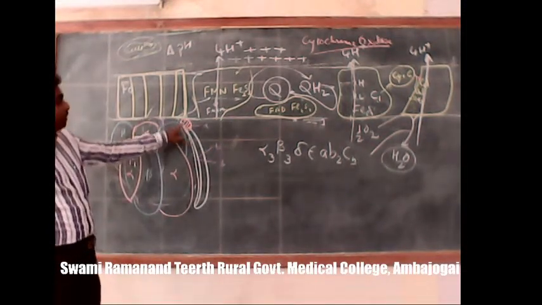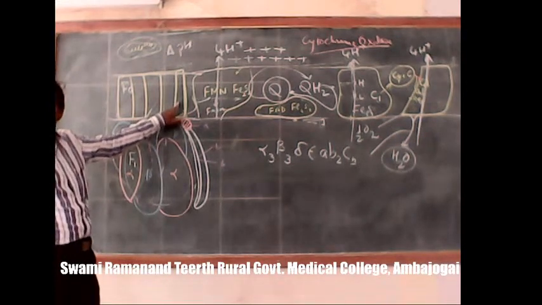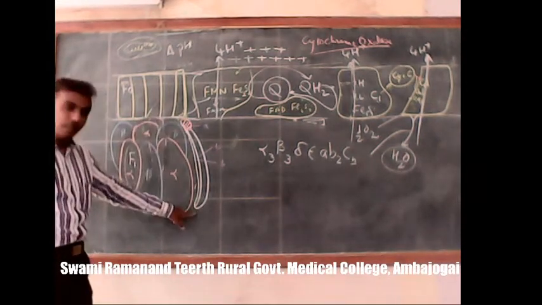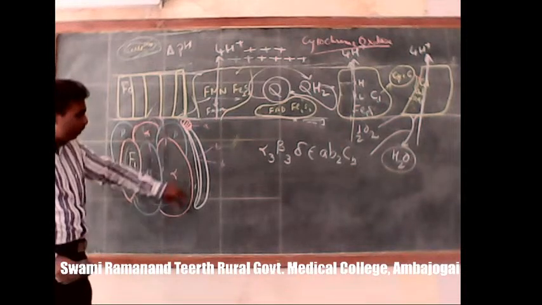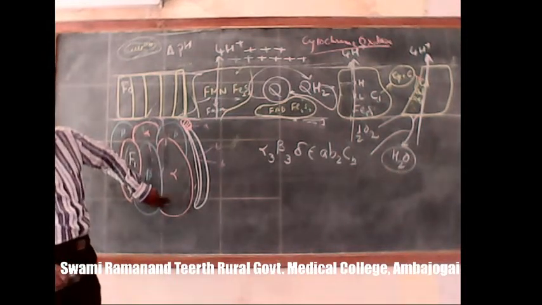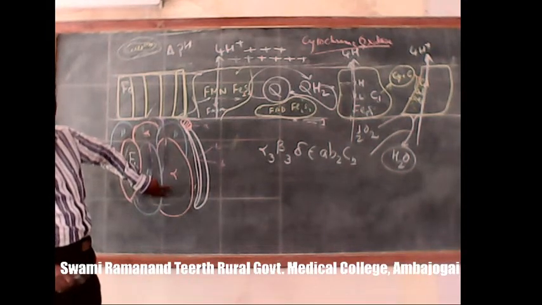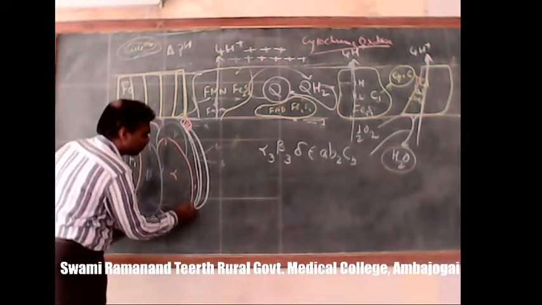That is linked to the C units. These are the B units. Now this B unit holds these 3 beta and 3 alpha units with delta.